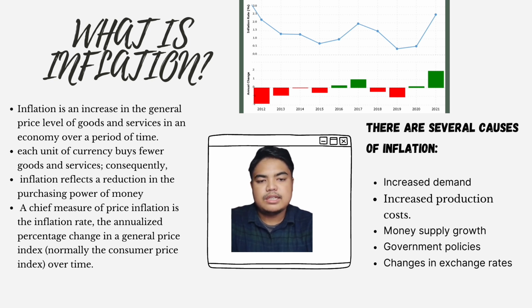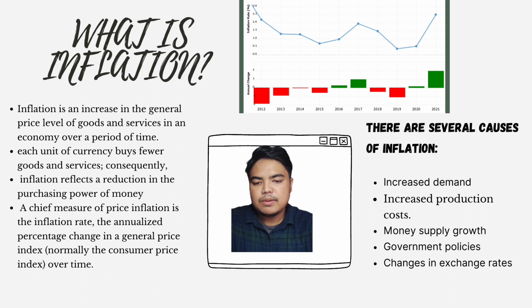If the cost of production increases due to factors such as rising raw material costs, businesses may pass this cost to customers through higher prices. Third, money supply growth. When the money supply grows faster than the economy, it can lead to higher prices as more money chases the same amount of goods and services.